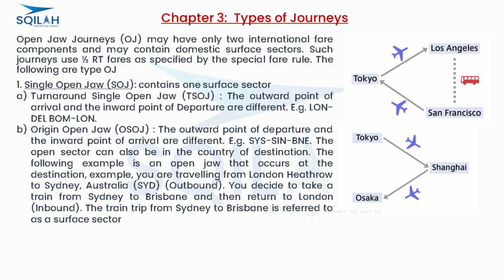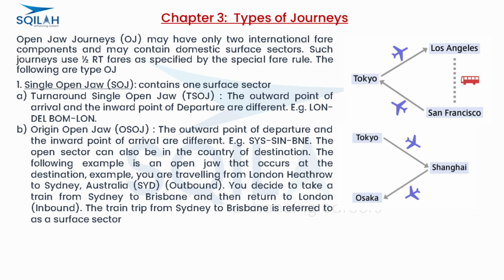The following are types of OJ. 1. Single open jaw, SOJ. Contains one surface sector. A. Turnaround single open jaw, TSOJ. The outward point of arrival and the inward point of departure are different.